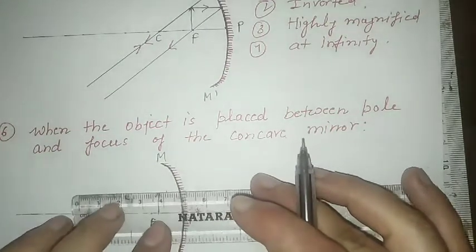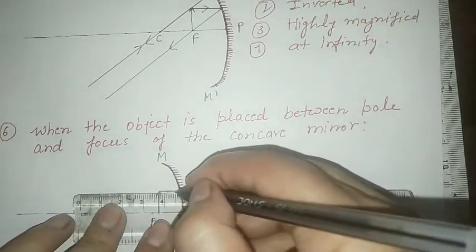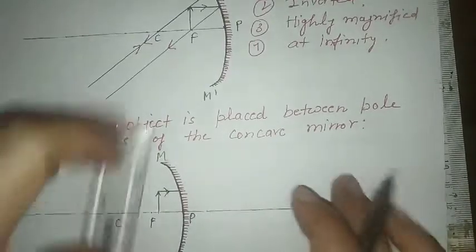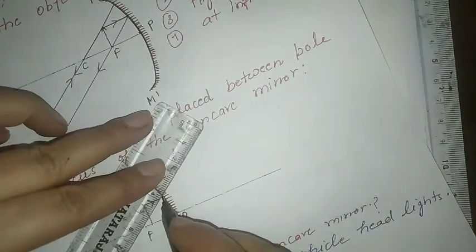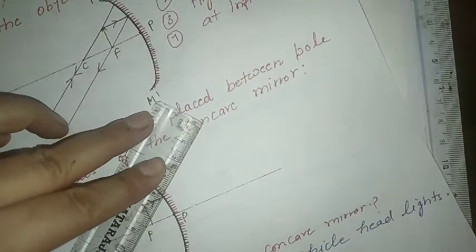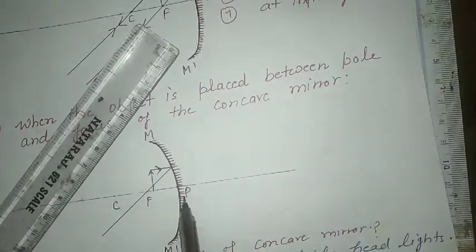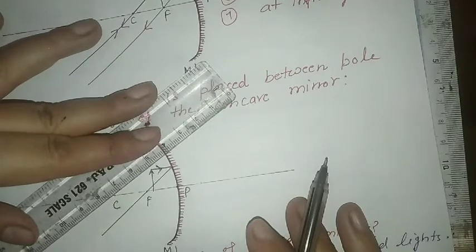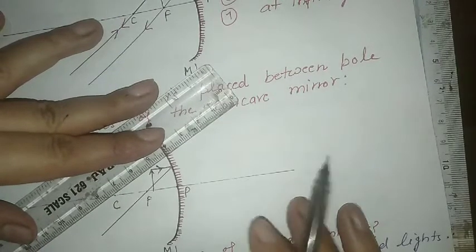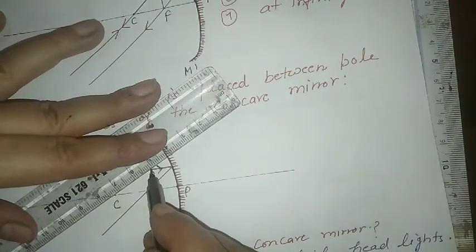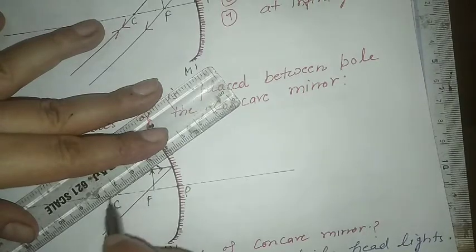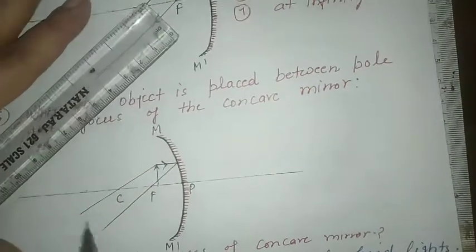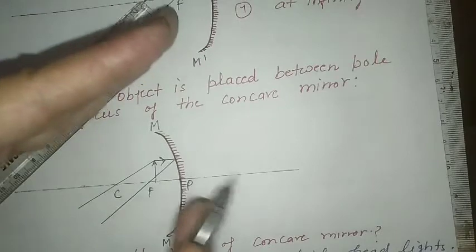A ray parallel to the principal axis will pass through the focus. So another ray cannot go from here. So one more ray we have to take which will pass through the center of curvature. So first join the head and C. You can see on this side, both the rays have more gap.